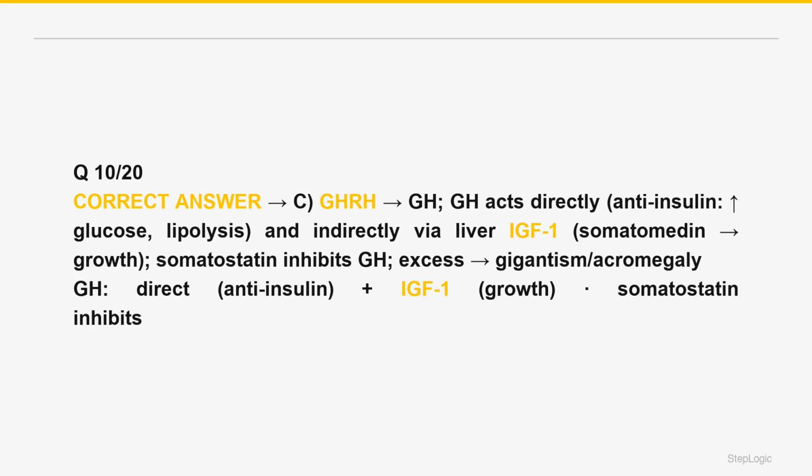IGF-1 also feeds back to suppress GH. Clinically, excess GH causes gigantism in children before growth plates close and acromegaly in adults. Deficiency causes short stature or growth failure. The GHRH-GH-IGF-1 axis, with GH's direct anti-insulin effects and IGF-1 mediated growth, is correct.